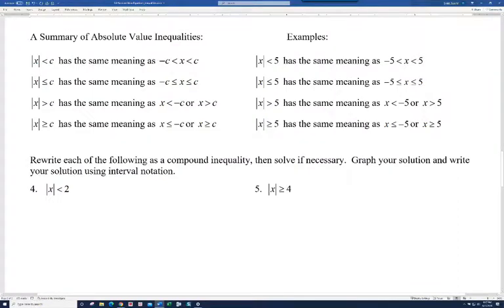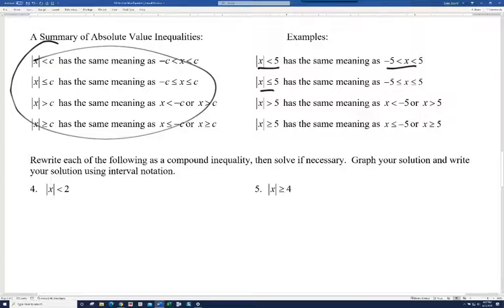So basically, we have a summary of absolute value inequalities. Now this is in general over here. It's probably easier to look at some examples. So if you have absolute value of x less than 5, that's telling you that this is the and case or the between case, where you have x between two numbers, -5 and +5. The only difference with the less than or equal is that you have less than or equal signs in the inequality here.